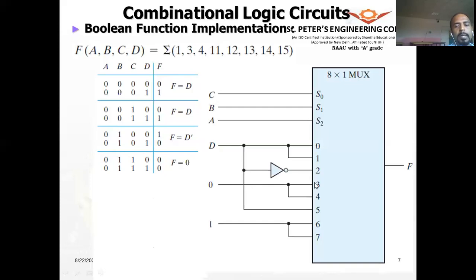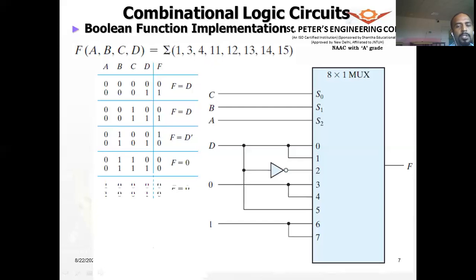So for 6 and 7, we are tying I3 and I4 to 0 and giving it as the input. So for this combination, the function value will be 0. Now, we have covered from 0 to 6, 7 so far. Now, 8, 9, and 10. Those combinations also, it is 0.